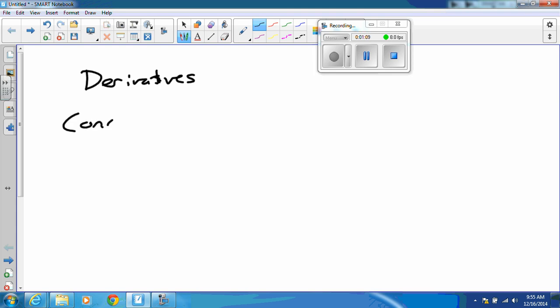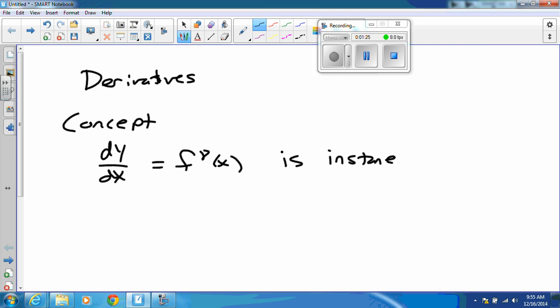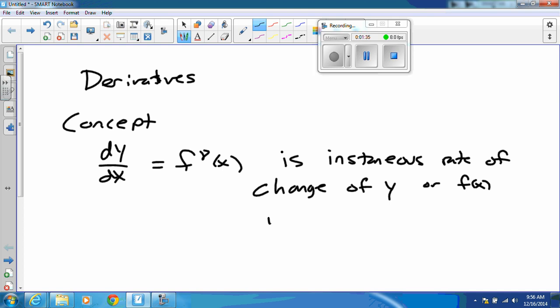Concept. dy dx, or f prime of x, is the instantaneous rate of change of y, or f of x, with respect to x.